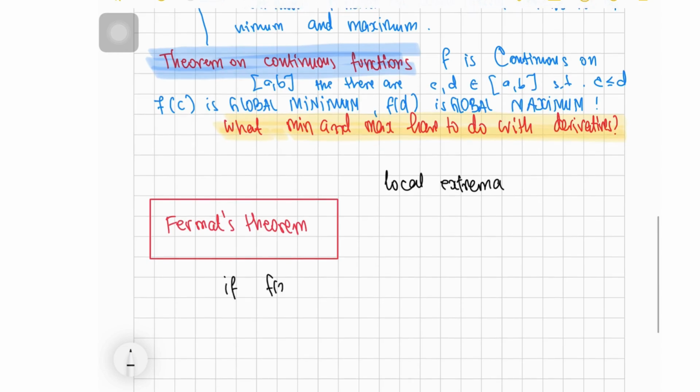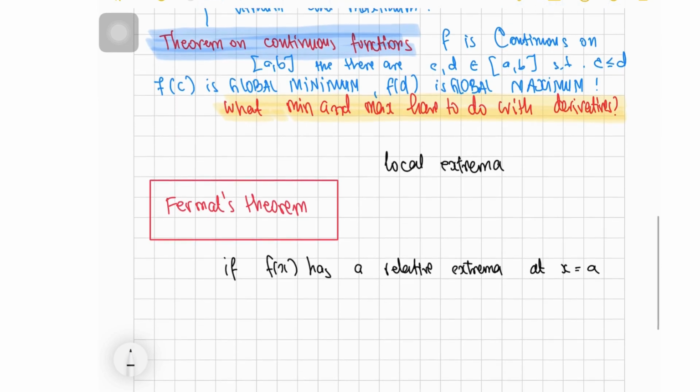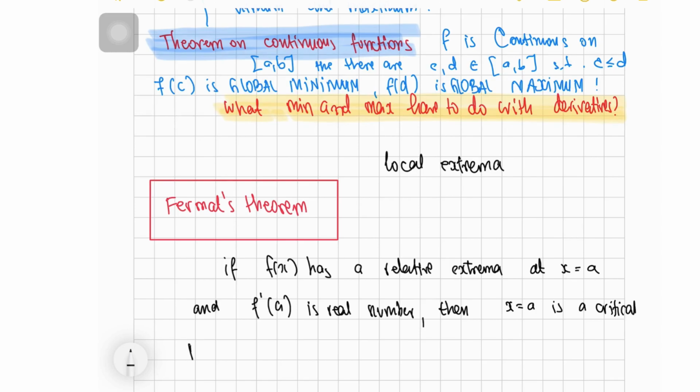if f of x has a relative extremum at x equals a, and f prime of a is a real number, then x equals a is a critical point of f of x.